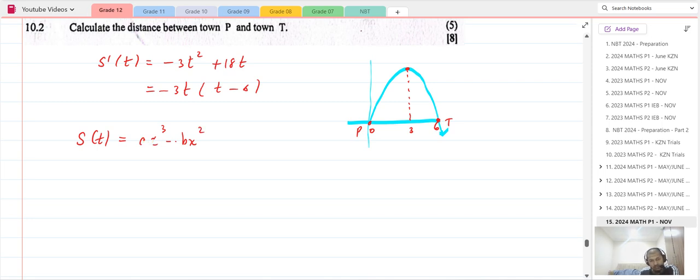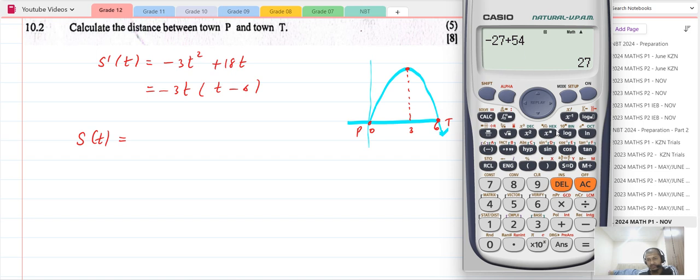So we can try to recover the distance function and substitute 0 and 6 and get the distance. Obviously, if you use advanced maths you can find the area under this curve between 0 and 6 to find the total. So I do know the answer using advanced maths, but for you guys, let's see.